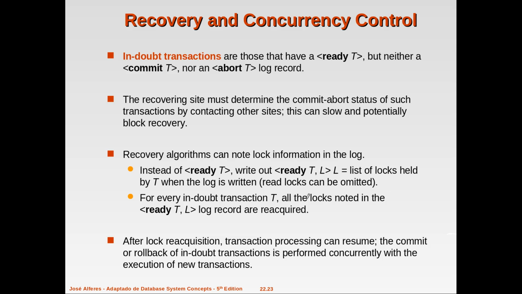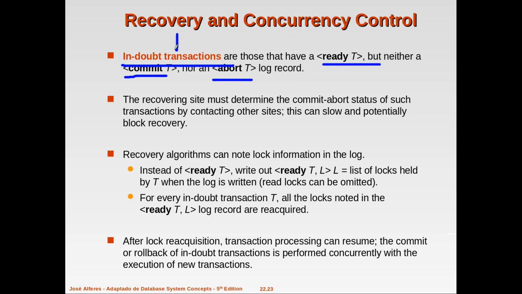Now, recovery and concurrency control. In general, we will see how these two can be implemented in the two-phase commit protocol. We will consider a set of transactions called in-doubt transactions. Those are transactions that have a ready-T message, but have neither been committed nor aborted; those log records are not available.